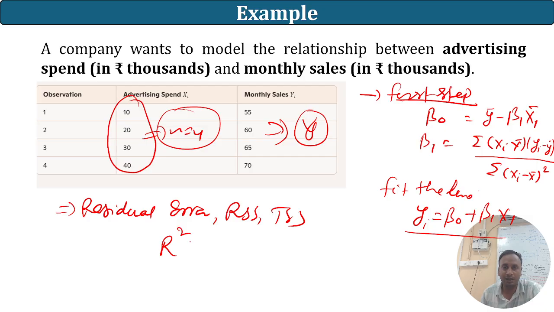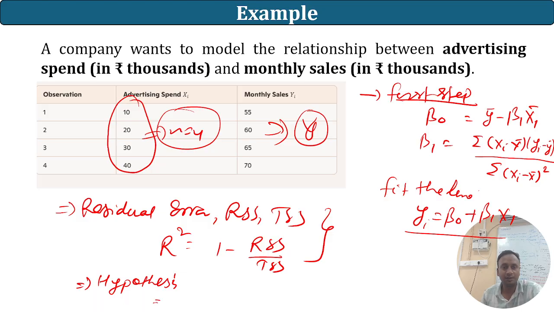Then we'll calculate the R square, 1 minus RSS upon TSS. Once we are done with that, the next step will be the hypothesis. Then we'll go with the confidence interval. I think all the steps are clear now. Is it?